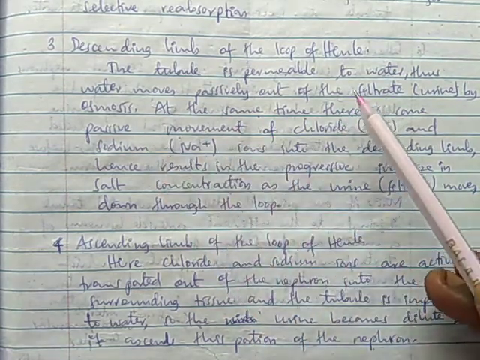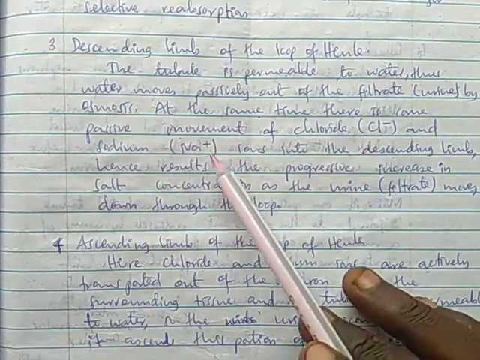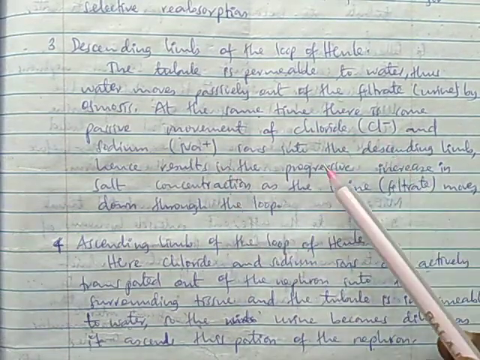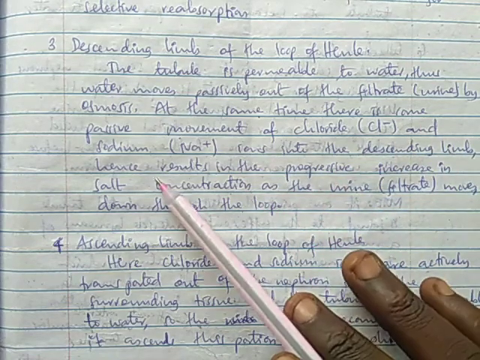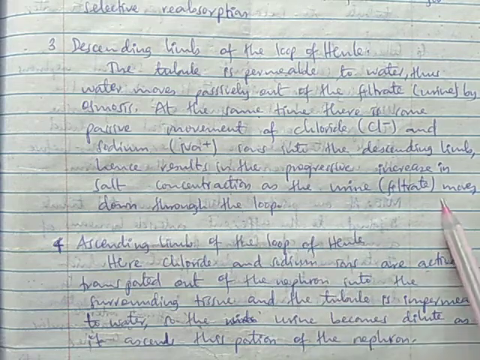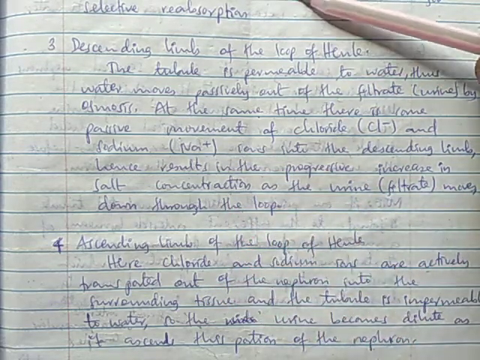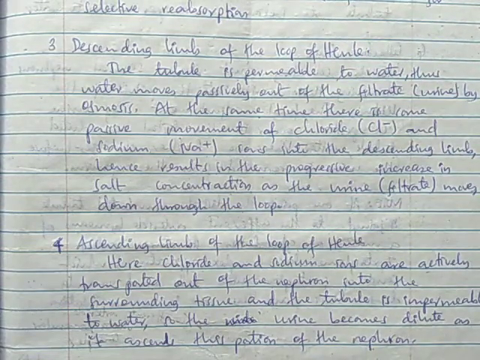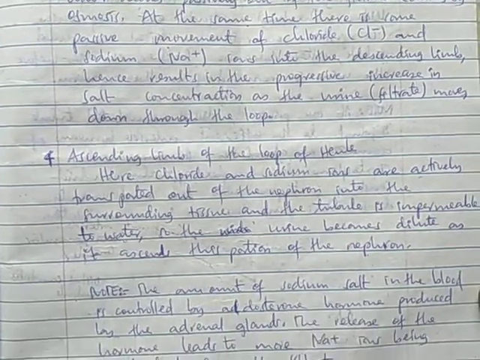At the same time, there is some passive movement of chloride and sodium ions into the descending limb. Hence, resulting in the progressive increase in the salt concentration as the urine filtrate moves down through the loop. Kwa hiyo inavyotoka juu kushuka chini, concentration ya urine inakuwa inaongezeka kwa sababu maji yanakuwa yanatoka.